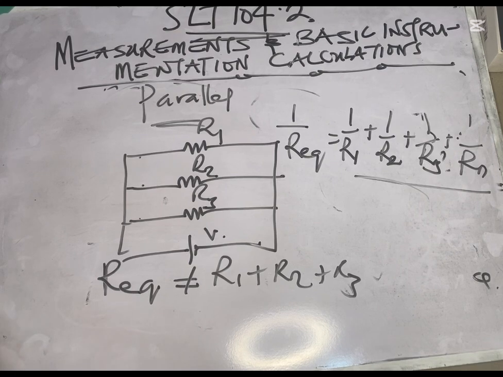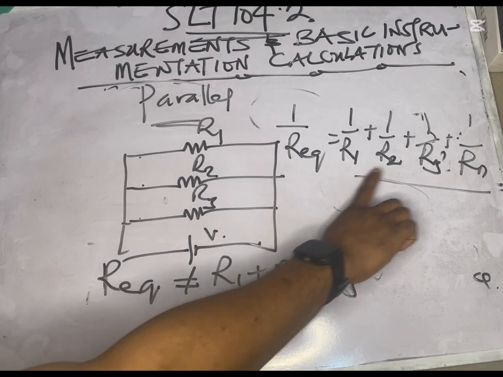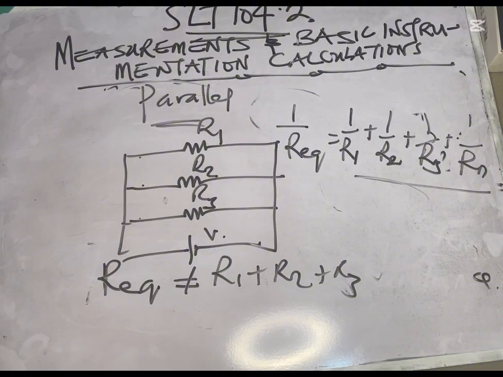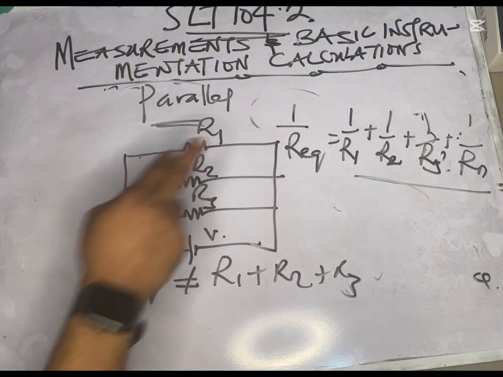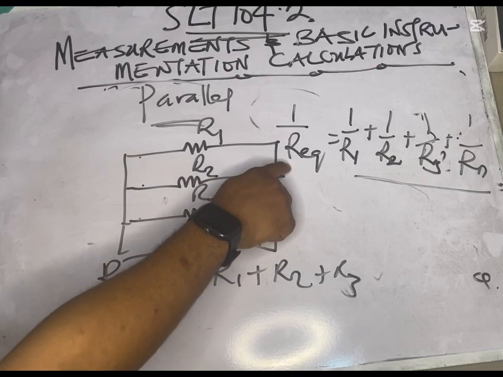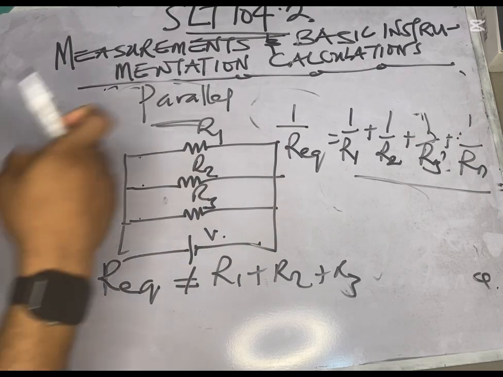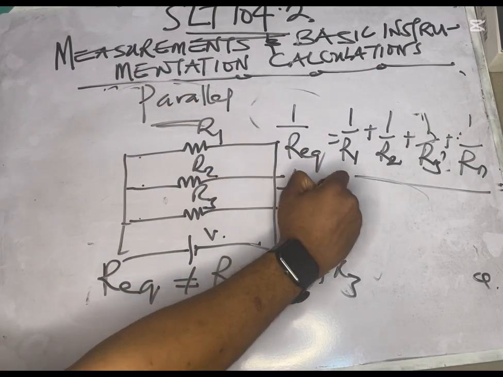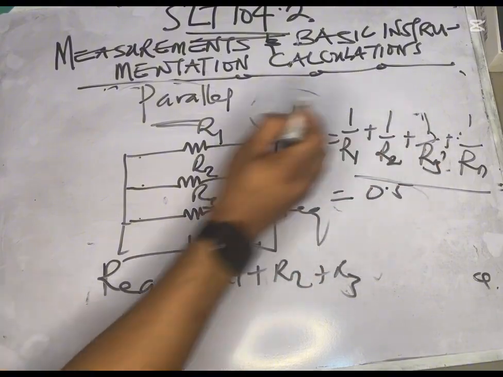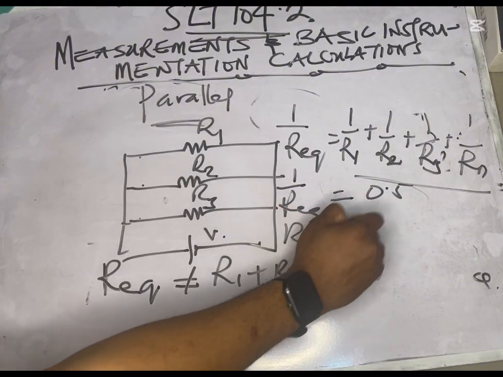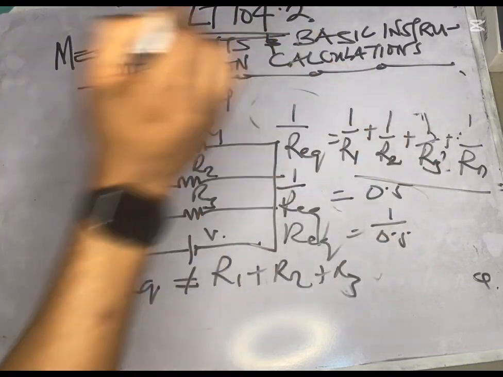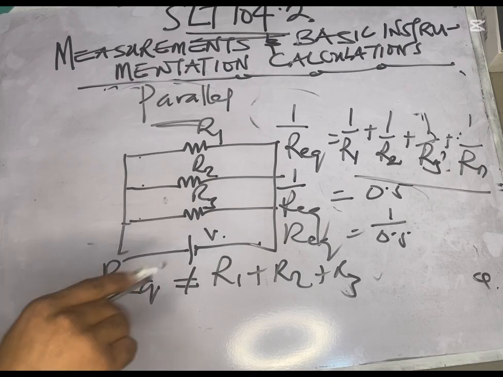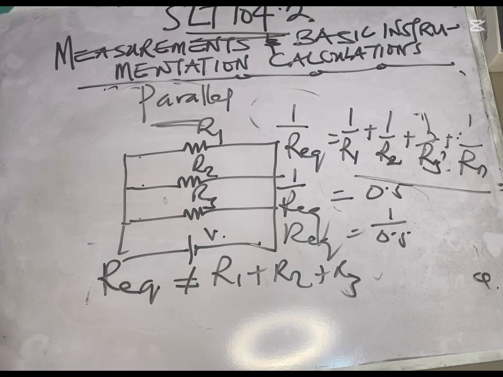But the mistake a lot of persons make is that by the time they have added this, they say it's their final answer. It's wrong. When you have added whatever you get here, you still need to do 1 over it, because you're making REQ the subject of the formula. For instance, if you have 1 over REQ equal to 0.5, your REQ will be 1 over 0.5. So whatever you get there will be your answer in ohms.